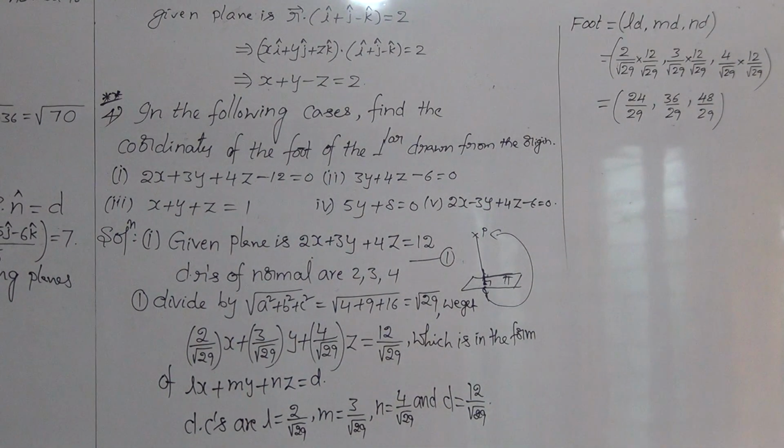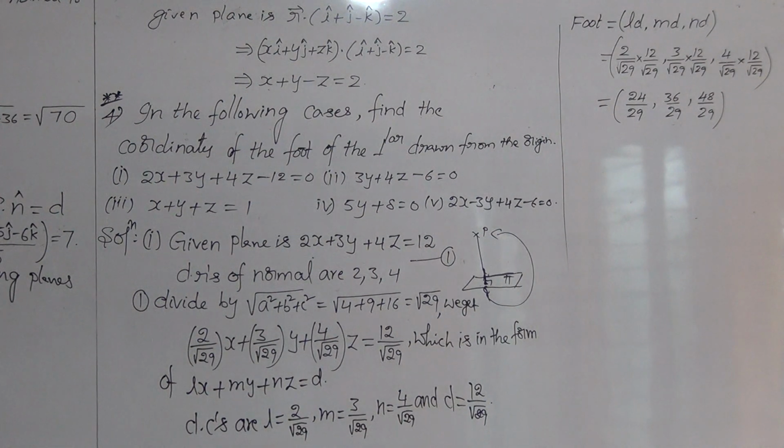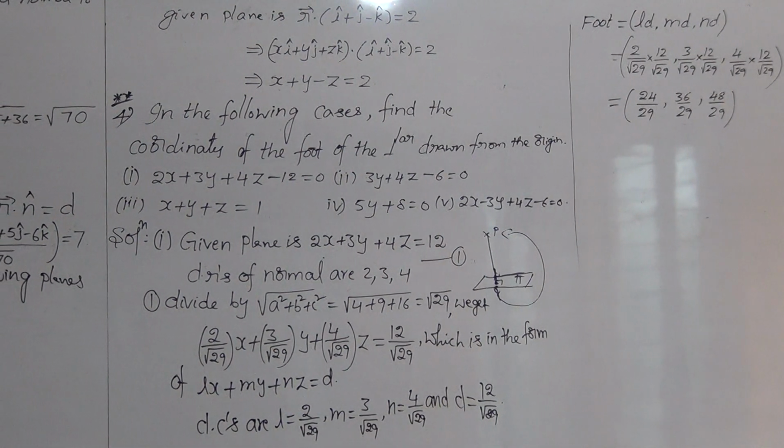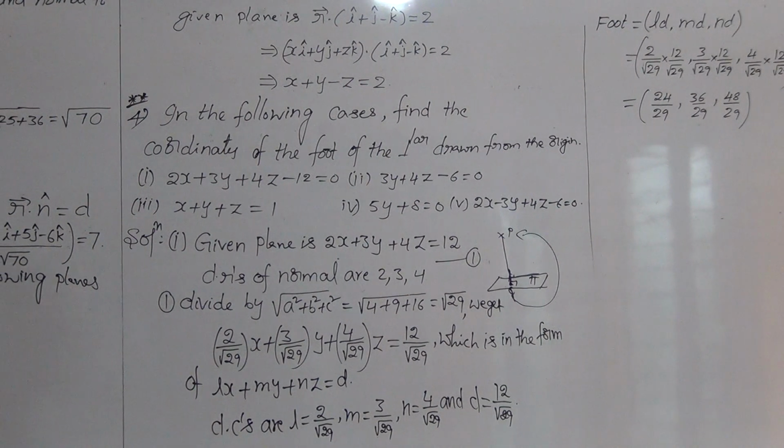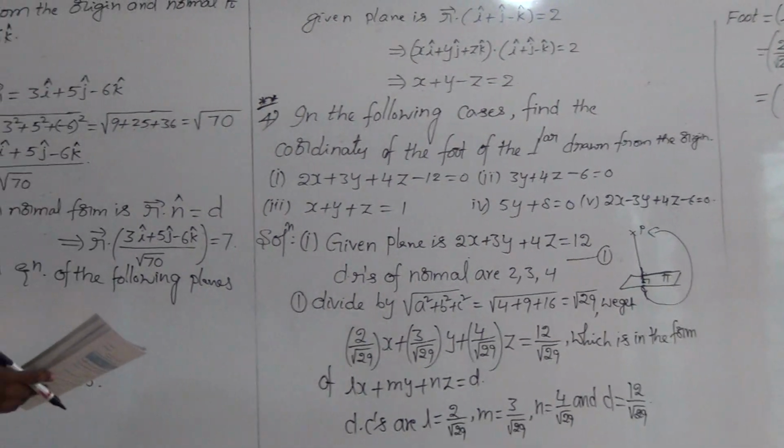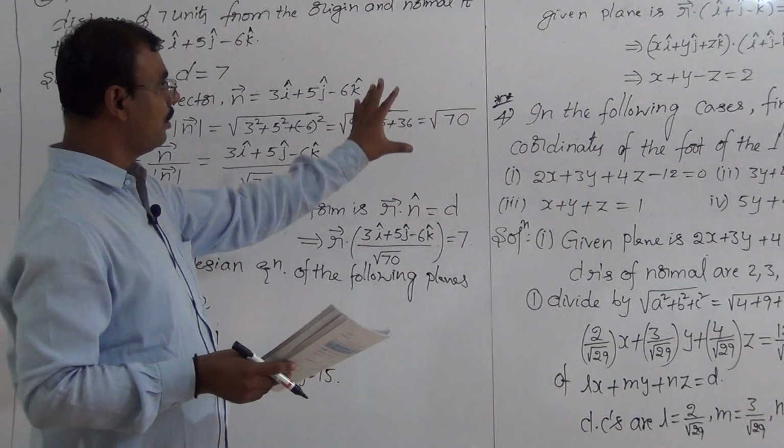Understand the method, observe it, all of you. This is the method to solve for the foot of the perpendicular. Can you solve all the questions like this? Do it, everyone.